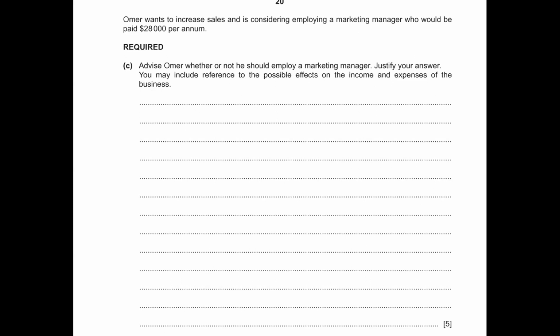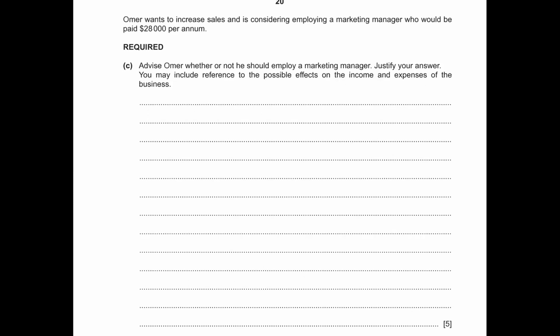You are just there to advise, should the person get the marketing manager or not. Some of the advantages if the person accepted to get the marketing manager would be that they may increase the sales and that may later increase the profits. They may improve business reputation and image, and they can utilize the experience and the skills of the manager.